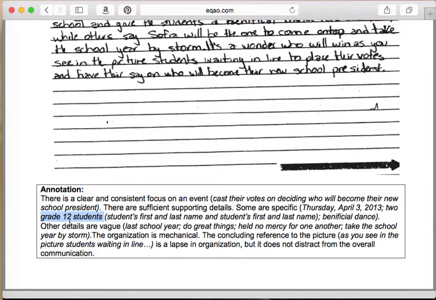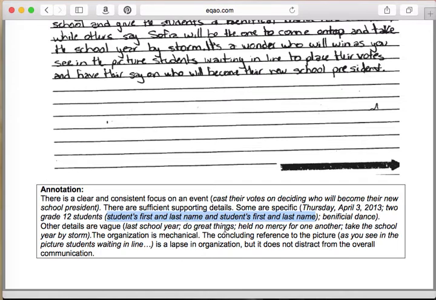You can see how these phrases are a little bit stronger, a little bit more detailed and specific than the ones that we saw in the level 30. Again, they're using the student language here, student's first and last name, and student's first and last name.